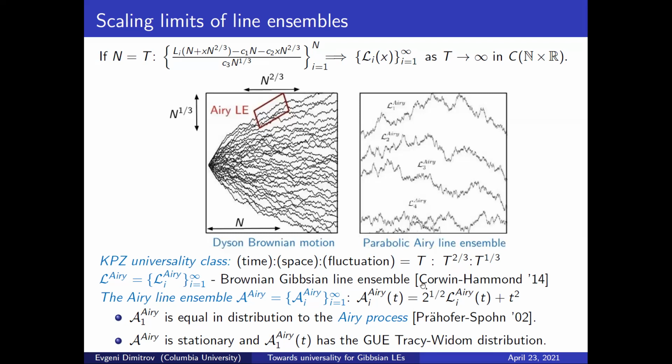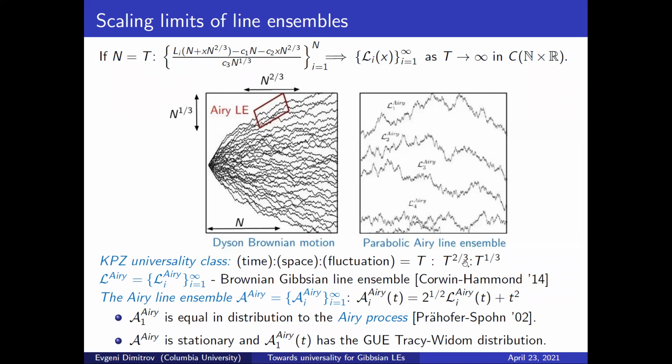Now, if you have never seen these objects, these Airy processes or Airy line ensembles, the key takeaway points here are that as you increase the number of lines together with time, you leave the Gaussian universality class and you enter a new universality class called the KPZ universality class. This new class comes with different scaling exponents, whereas before we rescaled horizontally by t and vertically by square root of t.